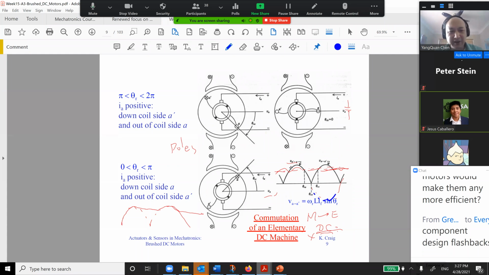Then they make this current, this voltage in the armature produced, like this. This is called rectified, also called half wave rectification, to make those sinusoids into this format.